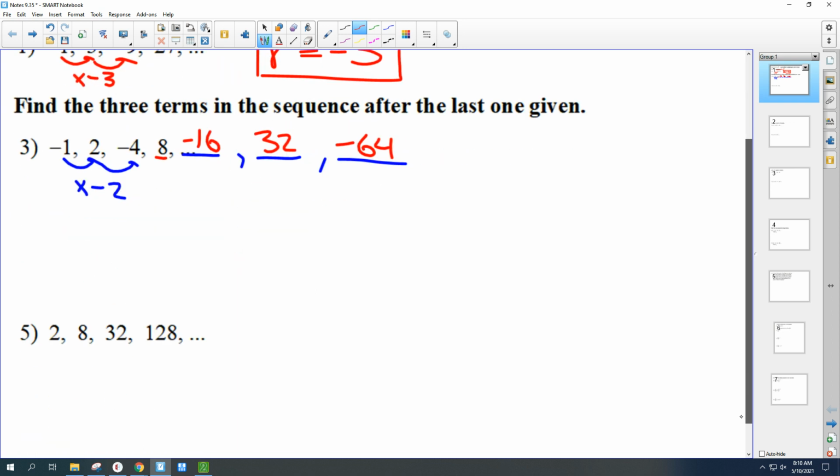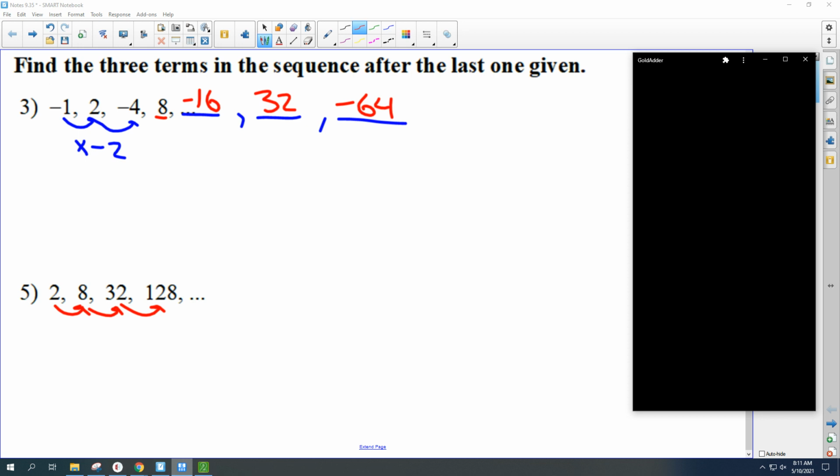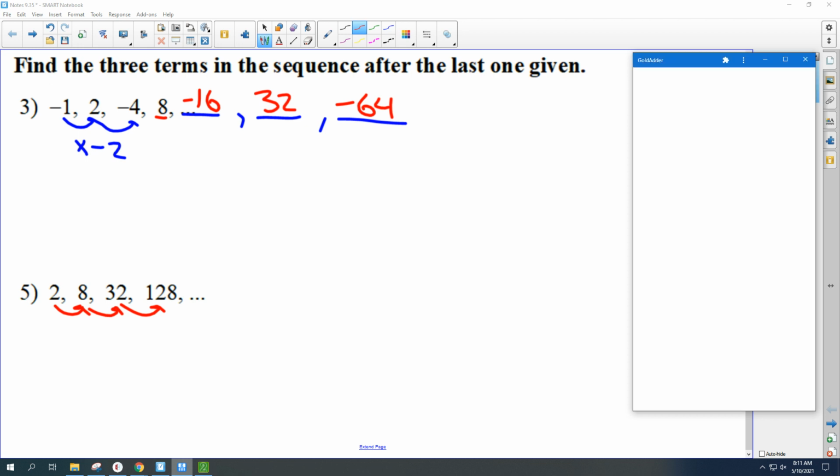Next one. We might need a calculator, so I'm going to go ahead and get that fired up. Again, it's geometric, so we can see what's happening. Can you see what's happening? Times something, times something, times something. I suppose if you couldn't see it, what you can do is go backwards and divide.